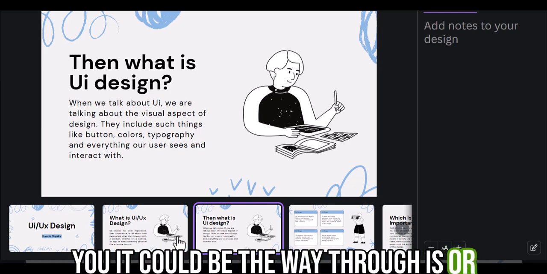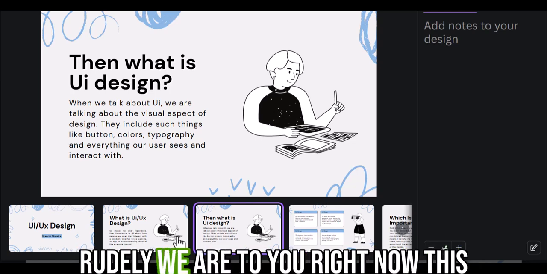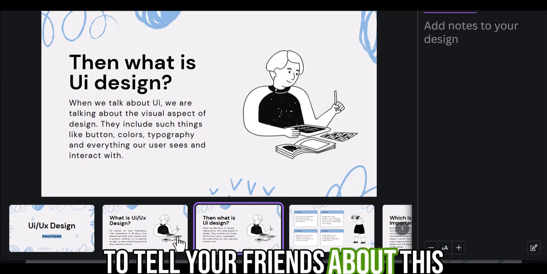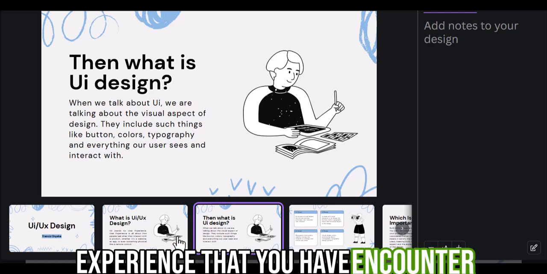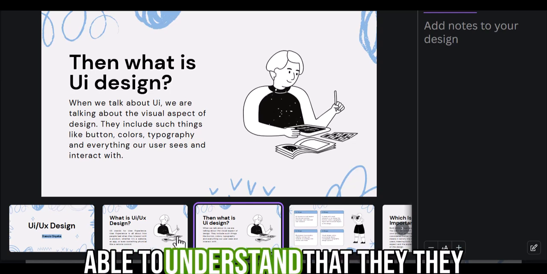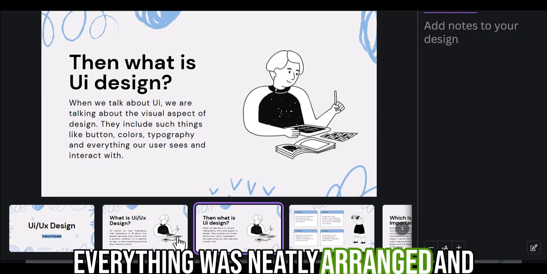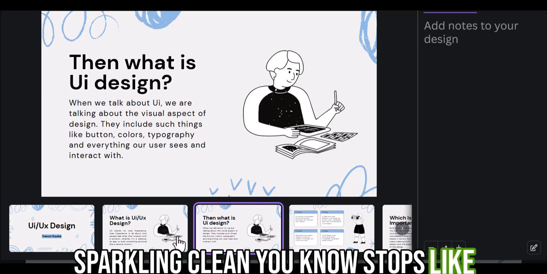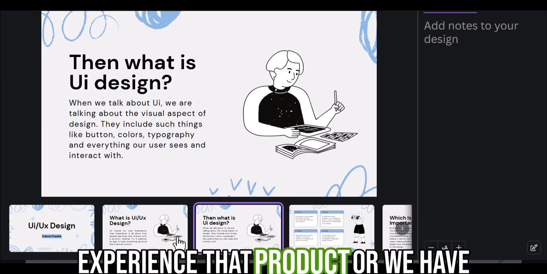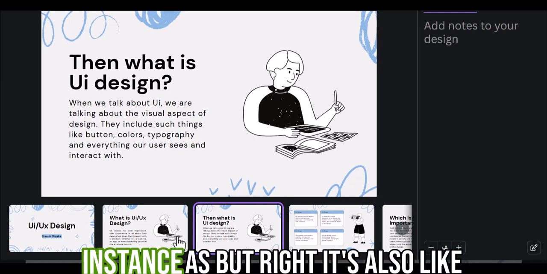This is a bad experience, and you are going to tell your friends about it, regardless of the fact that the tables and the hotel system were neatly arranged and sparkling clean. Because of that bad user experience, we have labeled that particular hotel as bad.